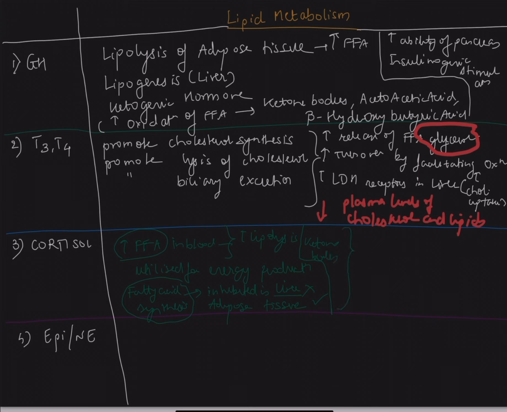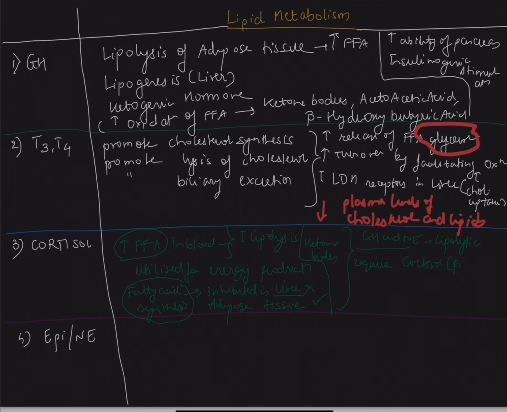So in general, let's summarize the effects of cortisol on lipid metabolism. GH and norepinephrine both have lipolytic effects, but these effects require a hormone, and that hormone is cortisol.